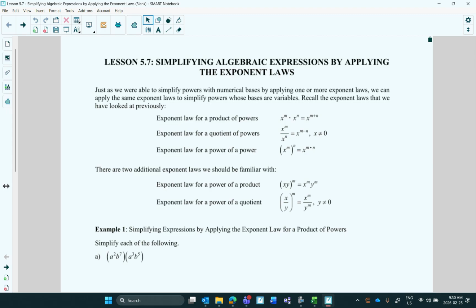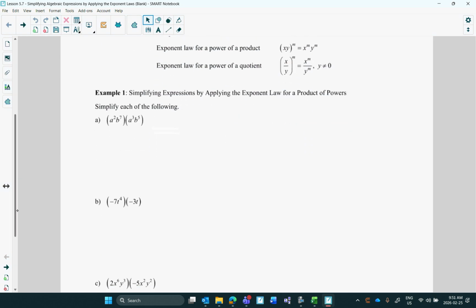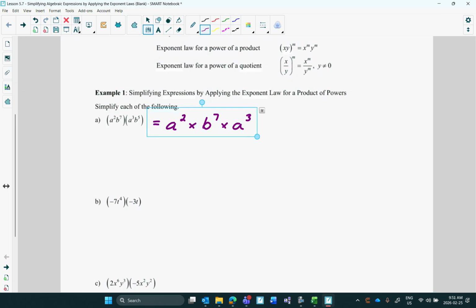And now we're going to go back to them again, except this time, the bases are going to be variables instead of numbers. So for example, if we did this, remember, this means the same as a squared times b to the 7th times a to the 3rd times b to the 5th. And when I multiply a whole bunch of things, the order doesn't matter.